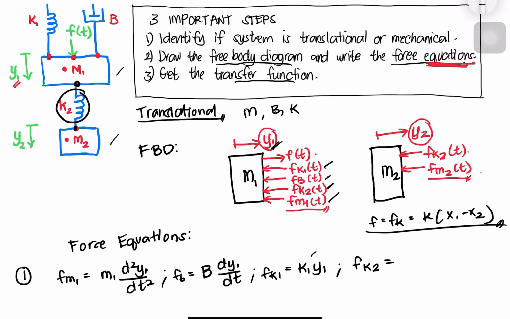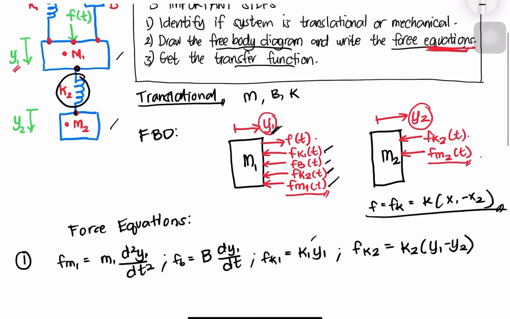So Fk2 = k2 (y1 minus y2). What else are we missing? Ft. We will not get a formula for Ft because there is no formula; it's an applied force.